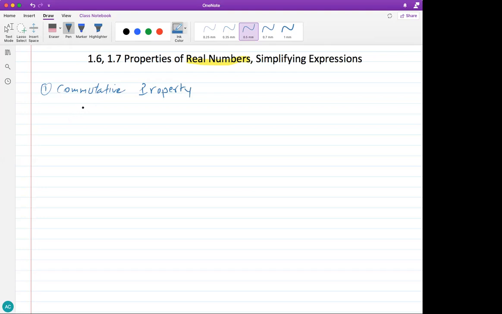It basically means when you add two numbers, let's say we add 5 and 3, it's the same as adding 3 to 5. As you can see here, even though the order of the numbers changed, we still have pretty much the same result. So we call this the commutative property of addition.